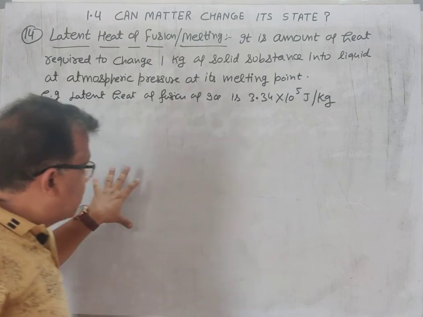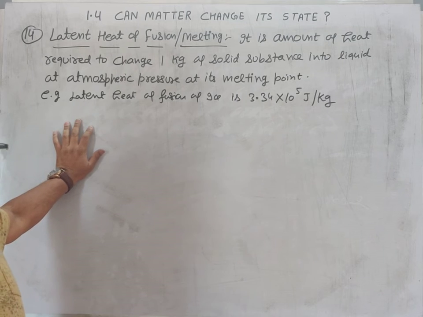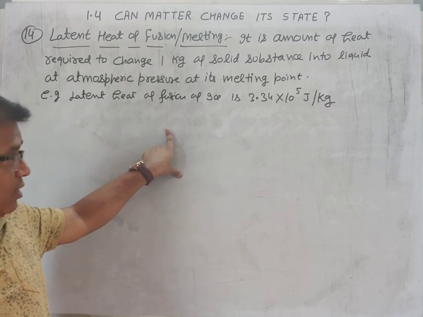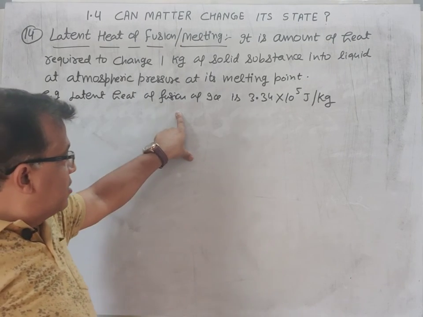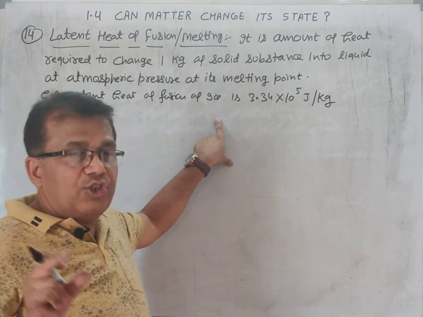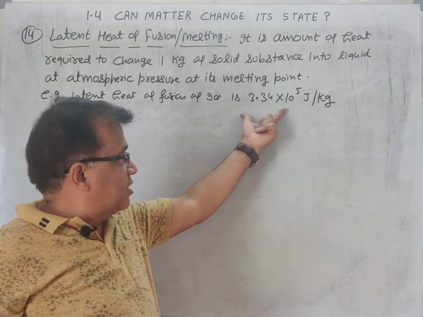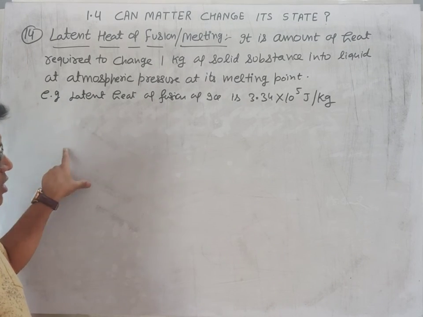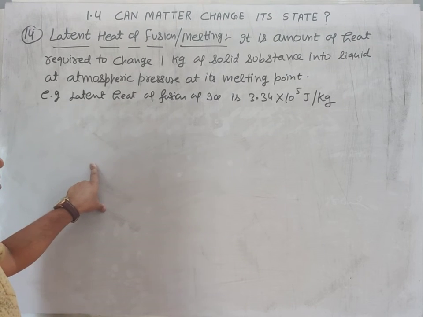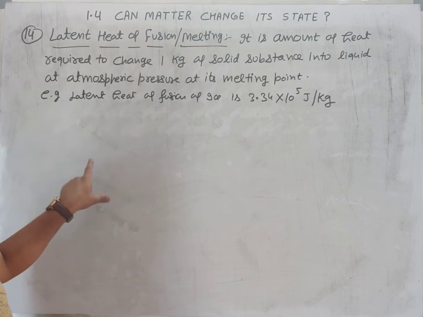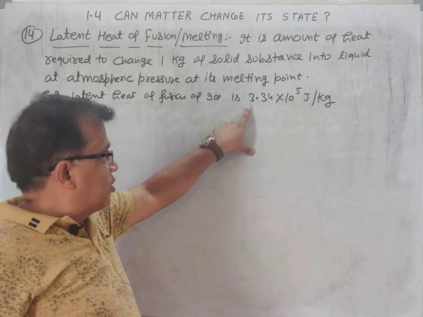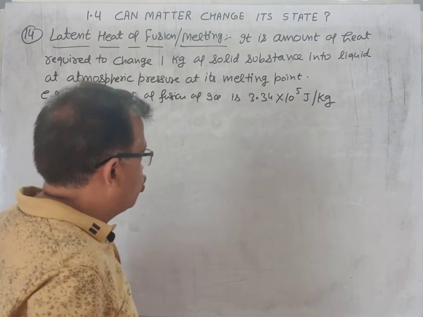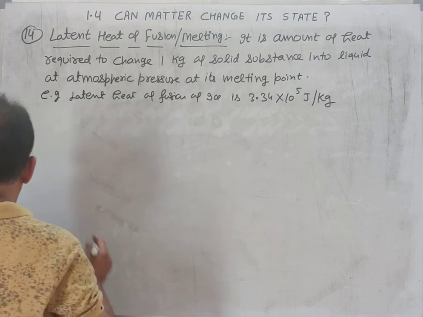It means that if we want to convert 1 kg of ice into water at its melting point, that is at 0 degrees Celsius, then this amount of heat is required: 3.34 × 10^5 joule.